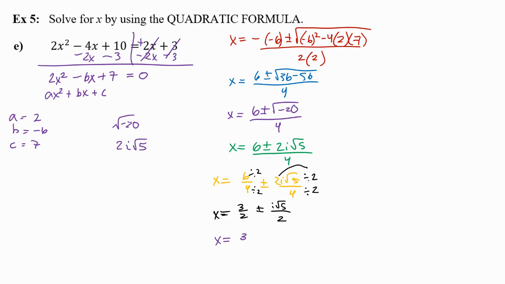So I'll get 3 plus or minus i root 5 all over 2. Okay. And again, if you wanted to separate that, you could write it as x equals 3 plus i root 5 over 2 and x equals 3 minus i root 5 over 2.